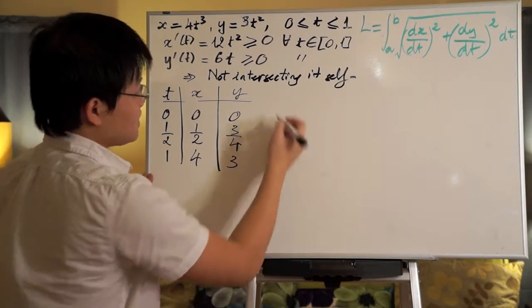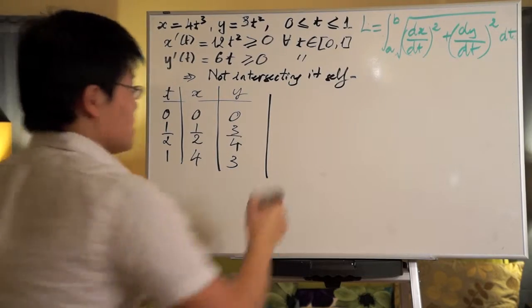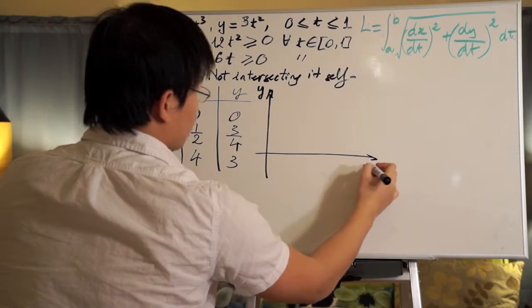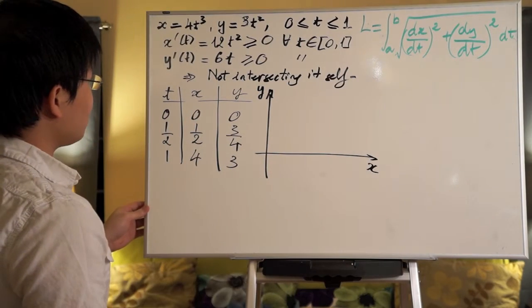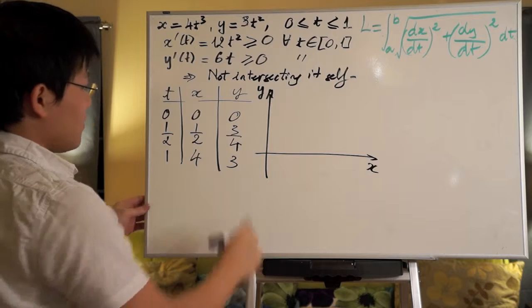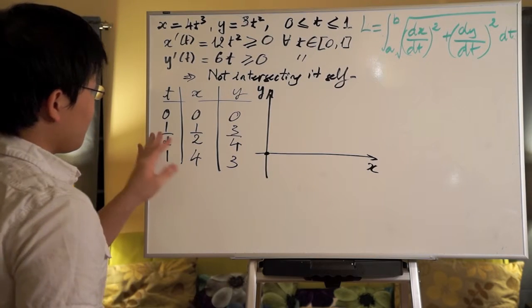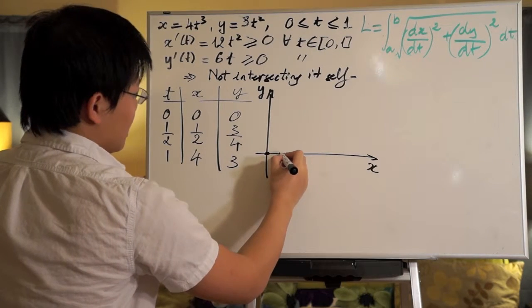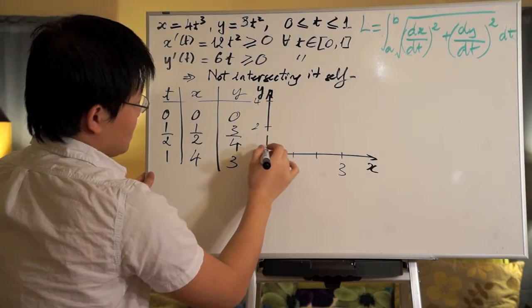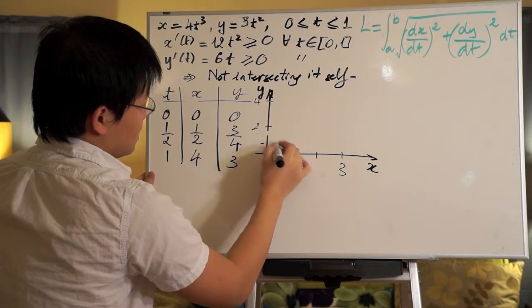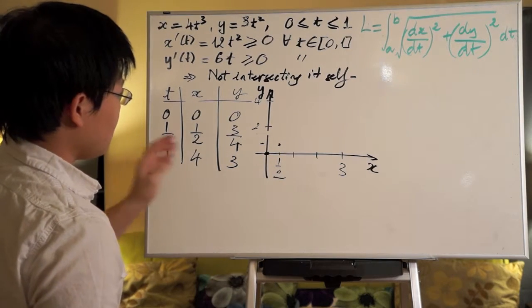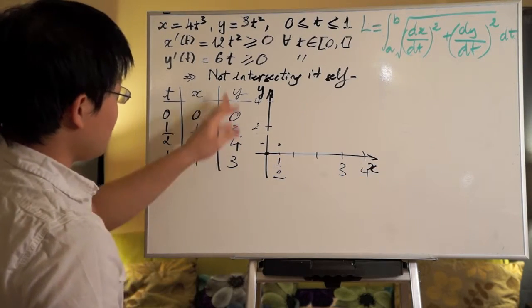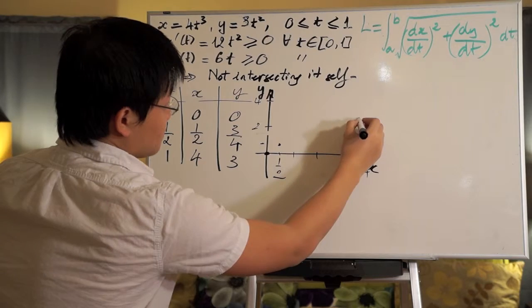Maybe it's not a major thing if you don't graph this, but you should graph it so that it gives you a better look at how the graph is doing. So we have t equals 0 at 0, 0, and t equals 1/2 at x is 1/2 and y is 3/4, and x is 4 out here, and y is 3.